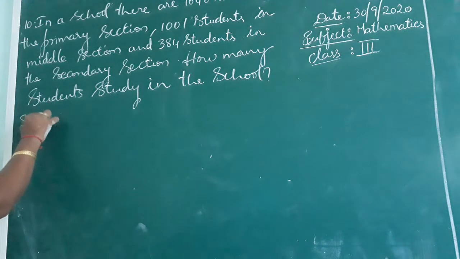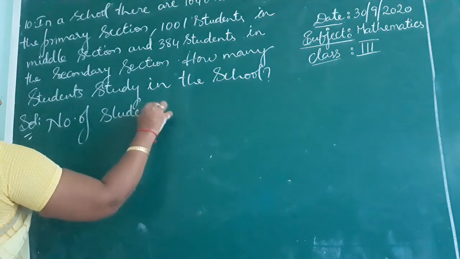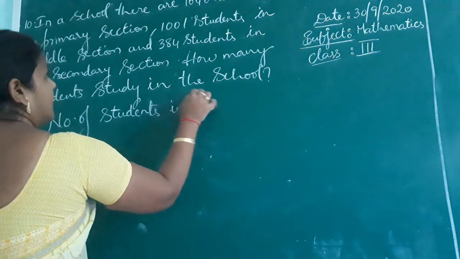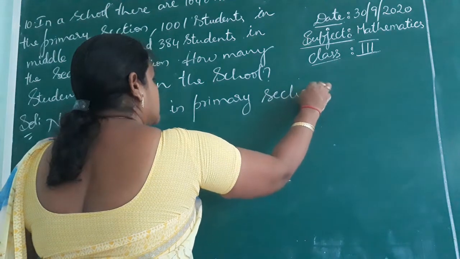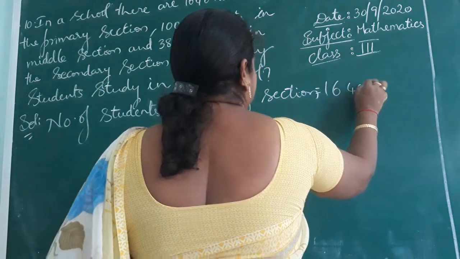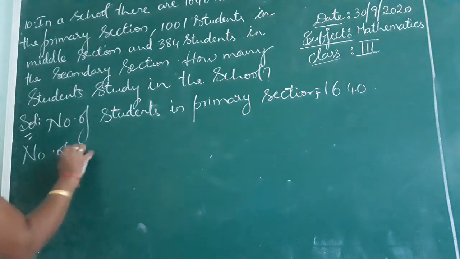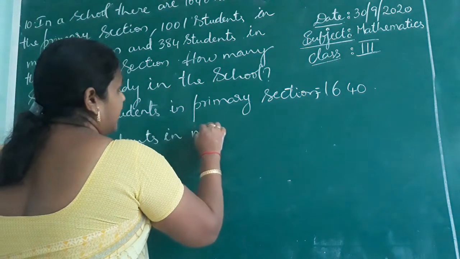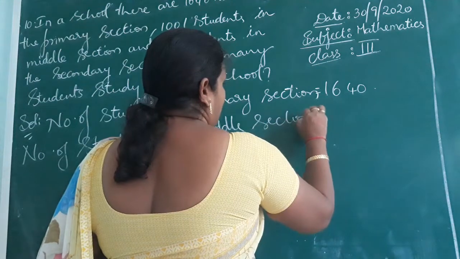See. First one, number of students in the primary section. Those are nothing but 1640. Next, number of students in the middle section: 1001.